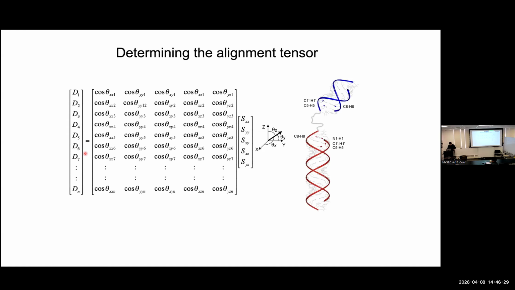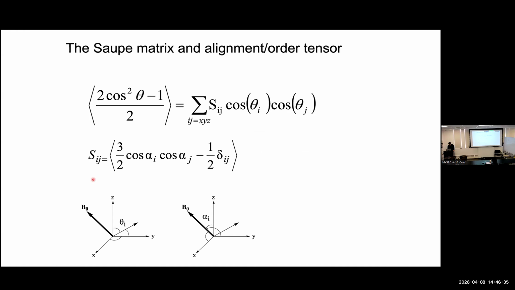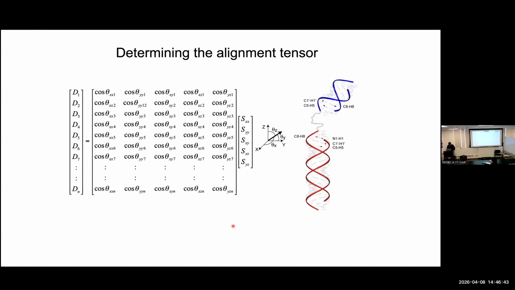So for every dipolar coupling, I have a different vector, a different alpha. In my molecular frame, I have many CH bonds, and they all have slightly different alphas. So here's the matrix equation. Every dipolar coupling has a different set of, now I've changed it to theta, sorry, think of these thetas as alphas.